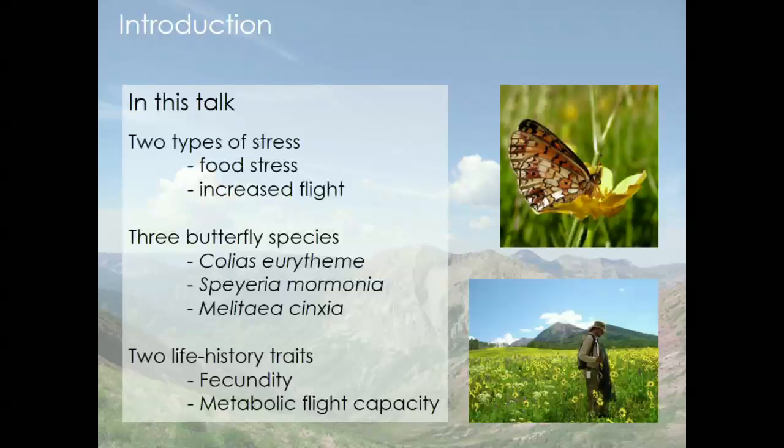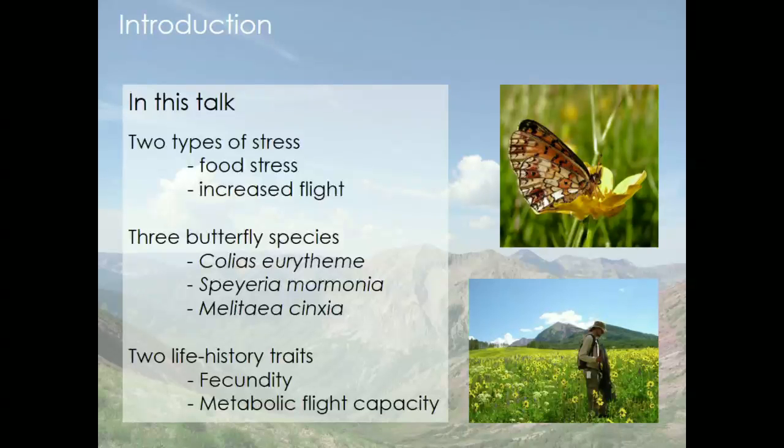In this talk, I'm going to focus on two types of stress, one being food stress, so the lack of food periodically, and in the case of butterflies, my study system, increased flight. As we know, flight is a very expensive way of moving, so it's consuming those resources that could be used for other life history traits.